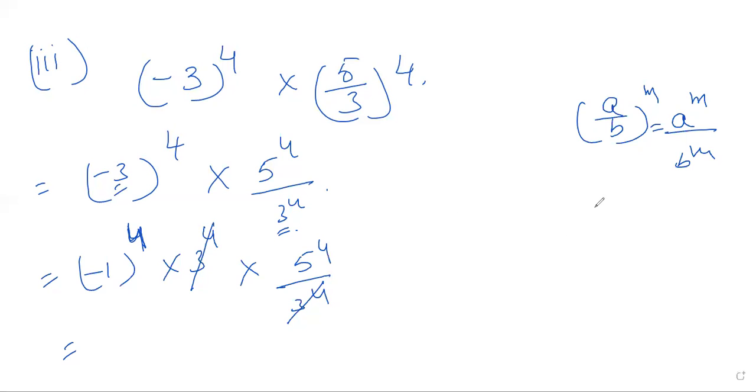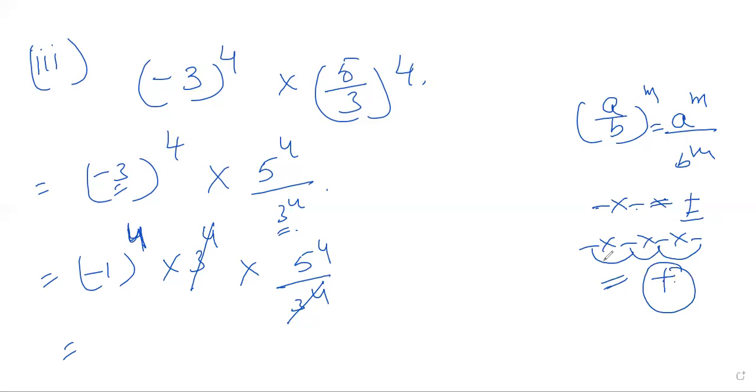Okay, see, minus into minus, that is plus, plus into minus is minus, minus into minus is plus. We have multiplied 4 times. So if we multiply an even number of times, 2 times, 4 times, 6 times, 8 times, we get plus.